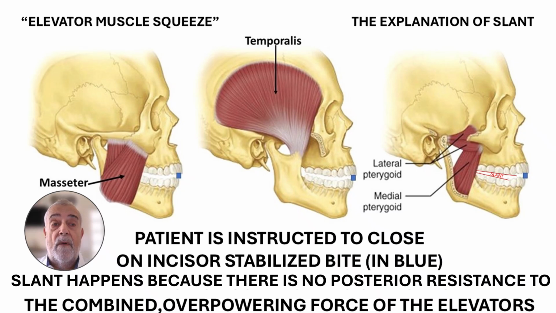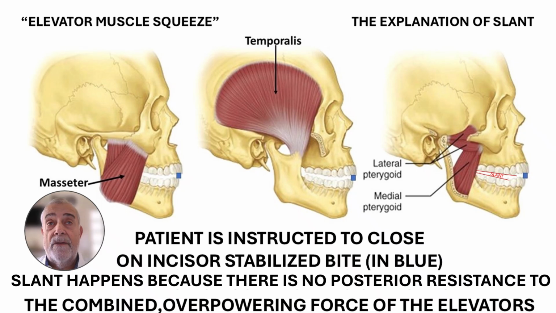And we're going to talk about what is elevator muscle squeeze. And there's the same skulls. And what happens is when a patient is instructed to close on an incisor stabilized bite, you see the blue bites in the front of the mouth, slant happens because there is no posterior resistance to the combined overpowering force of the elevator muscles.